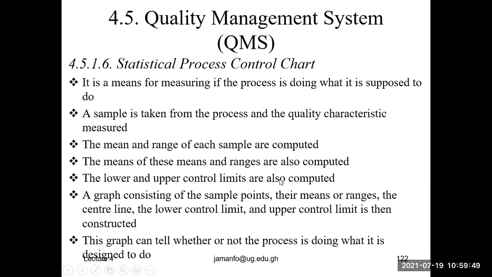The lower and upper control limits are also computed. A graph consisting of the sample points, their means and ranges, the center line, the lower control limit, and the upper control limit is then constructed. The graph then tells whether or not the process is doing what it is designed to do.